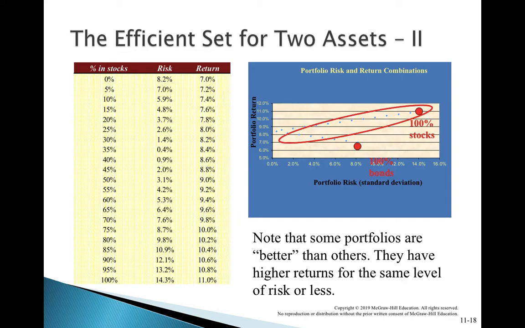20% stock, 80% bond. Return has further increased, risk has further decreased. This is the way it has gone up to 35% stock. 35% stock, 65% bond will give you the highest return, that is 8.4%, with the lowest risk, 0.4%.